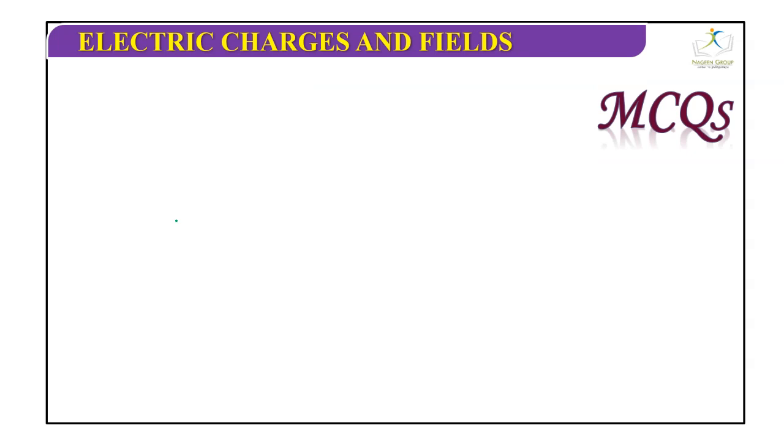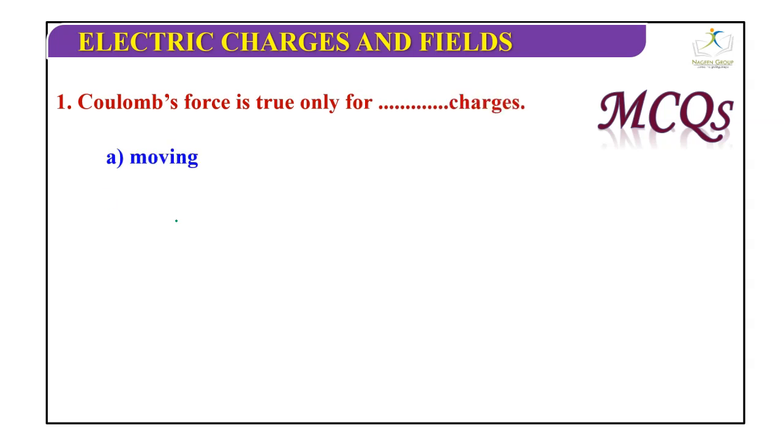So let's move to this MCQ question so that we can understand how much we have gained from the knowledge. Coulomb's force is true for only dash charges: moving, static, both A and B, none of these.